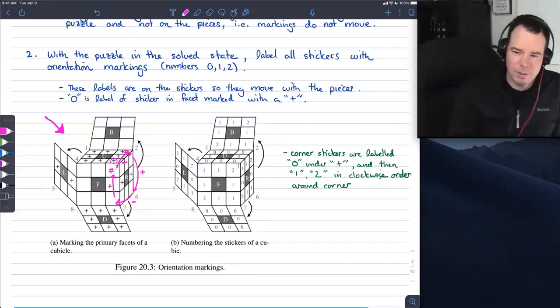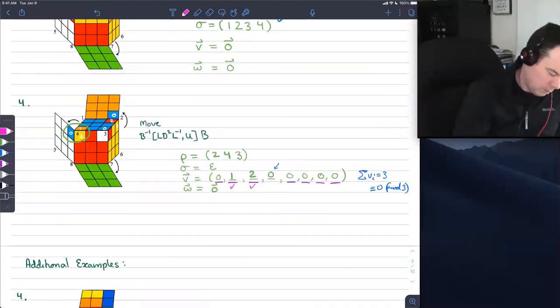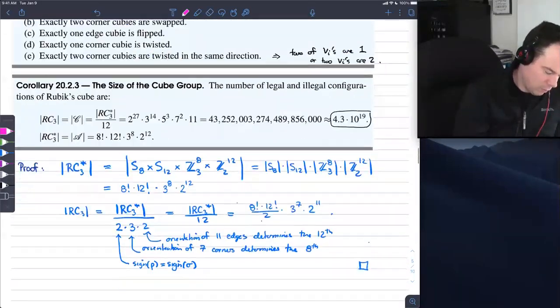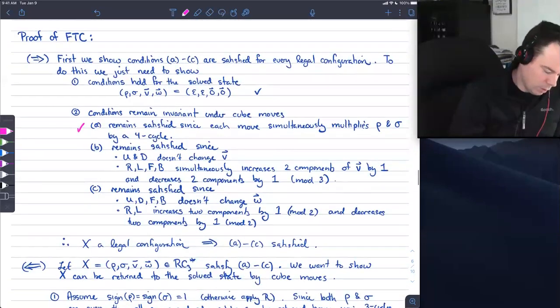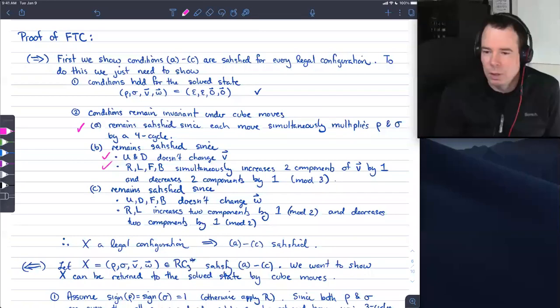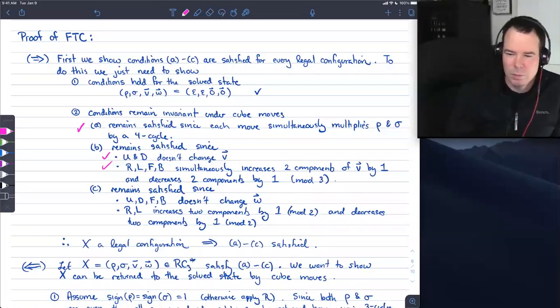And so they balance out. Same thing happens with the edges as well. So that's one of the nice things about the way we've built our frame of reference, is that we get these statements that follow. Simultaneously increase 2 components by 1 and decrease 2 components by 1. What about edges? Same thing happens.